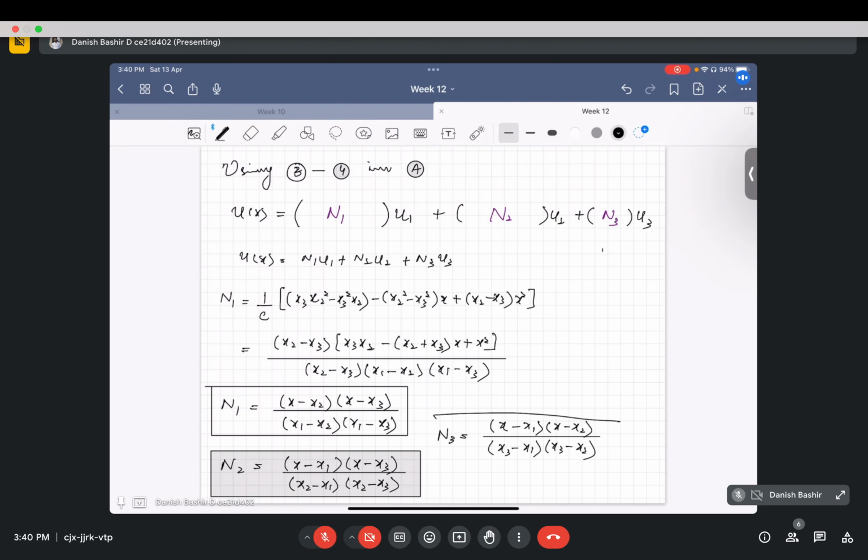So there is a nice pattern that it follows for higher order elements as well. So for higher order elements, we can easily write the shape functions. So you already know that N1, N2, N3 are known as shape functions.